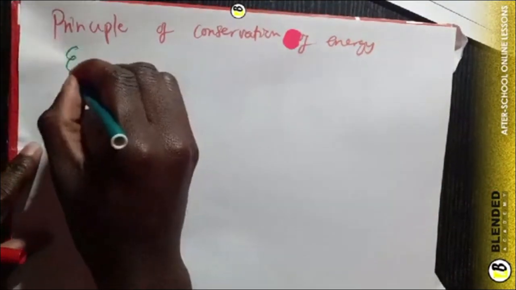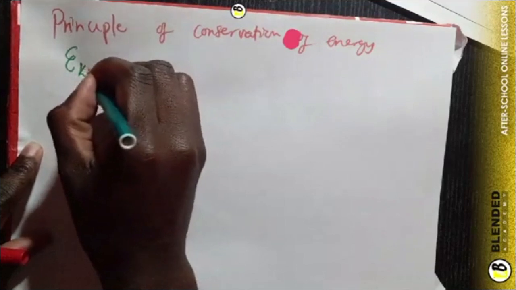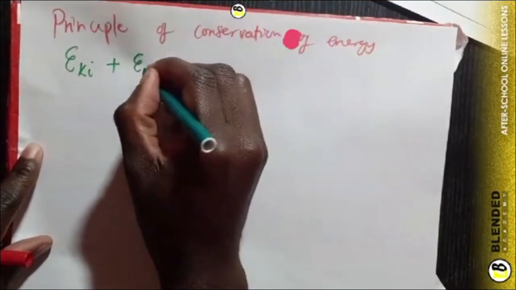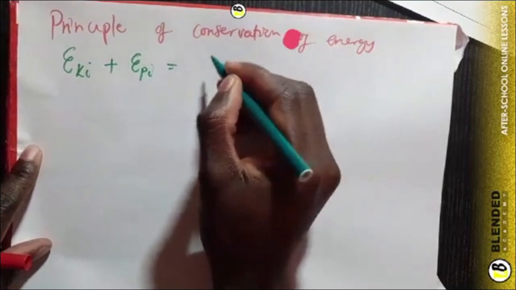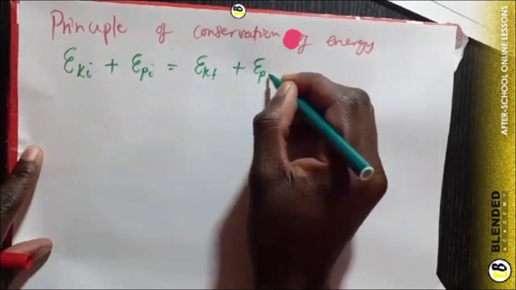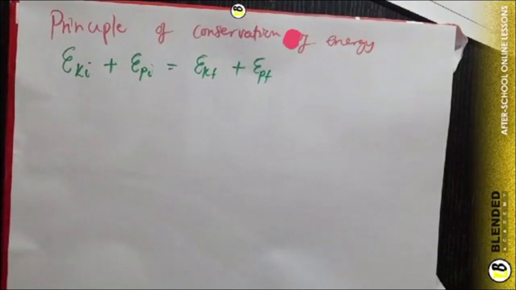Alright, so now we're going to have this: the kinetic energy before plus the potential energy before equals the kinetic energy after plus the potential energy after. That's what we have there.